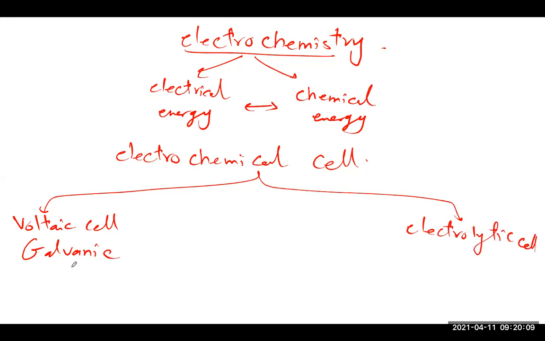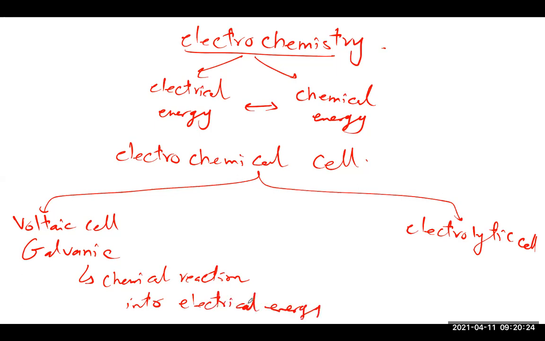For the voltaic or galvanic cell, we convert a chemical reaction into electrical energy. So we start with a chemical reaction and we get electrical energy. For the electrolytic cell, no, we start with electrical energy and we get a chemical reaction. So we convert electrical energy into a chemical reaction.